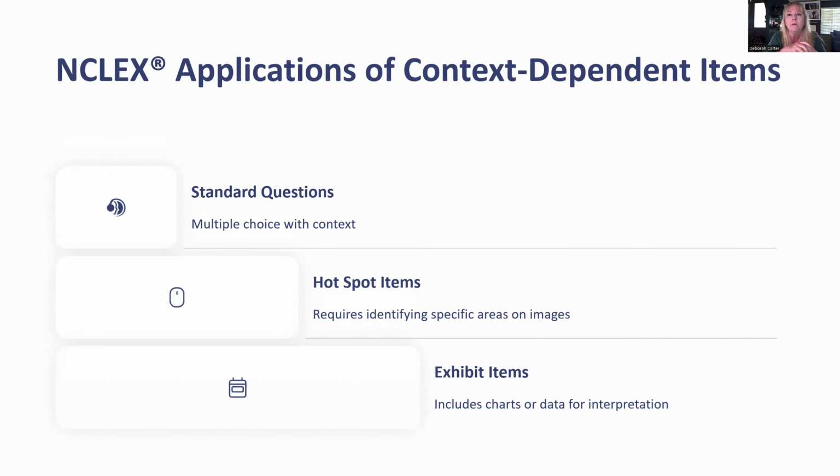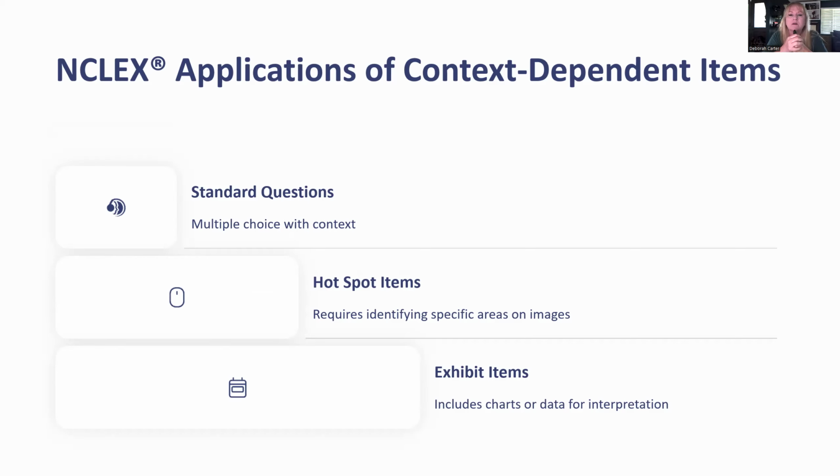Examples of these include standard questions on multiple choice content, and hotspot items, which assess spatial understanding and identification skills. You might have an image on a test where they have to label it or describe what they're looking at and how it relates to the question.